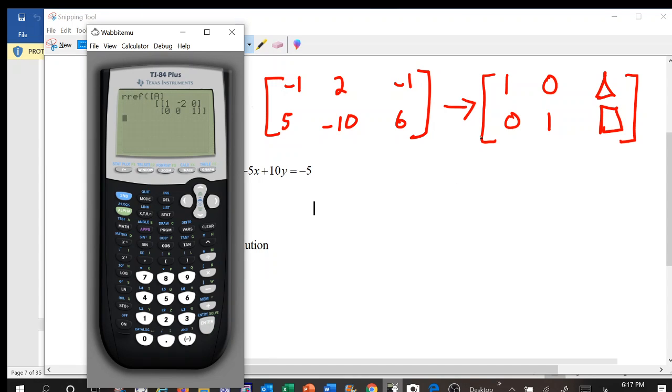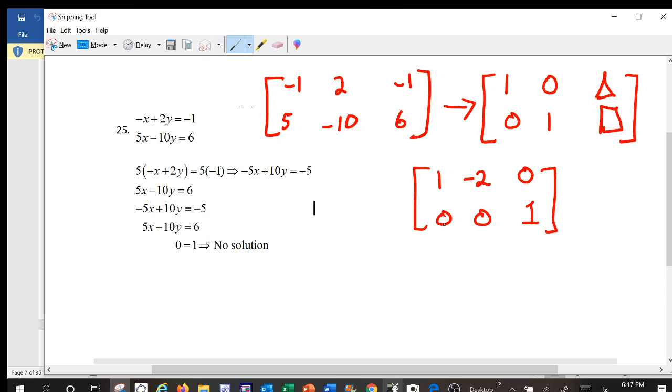See what we get. Instead of that, we got 1, -2, 0. We got 0, 0, 1. So now this tells us that if we write this back as a system, you see what it looks like? It's going to look like 1x minus 2y equals 0, and then 0 times x plus 0 times y equals a number.